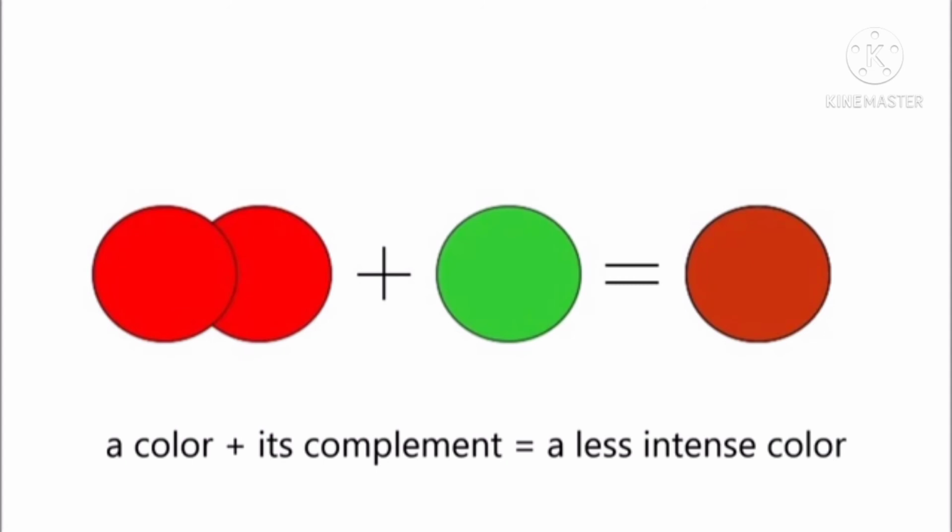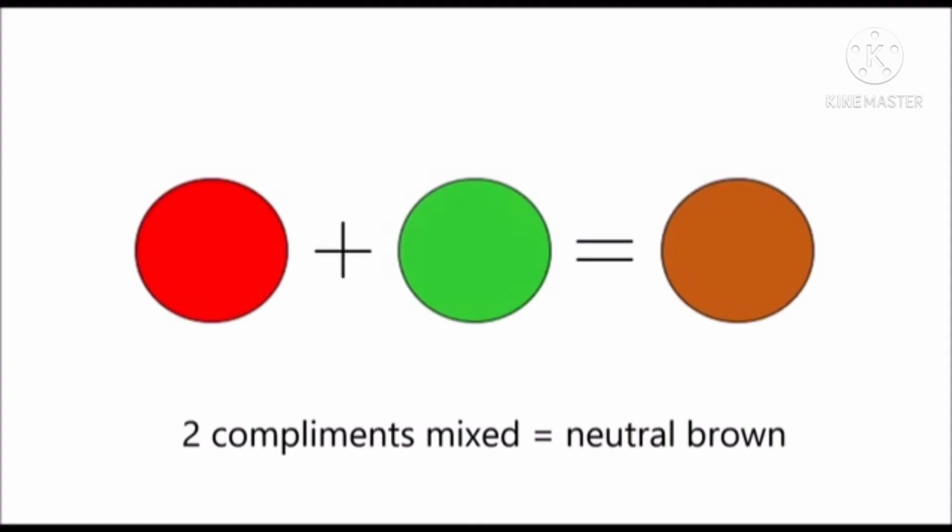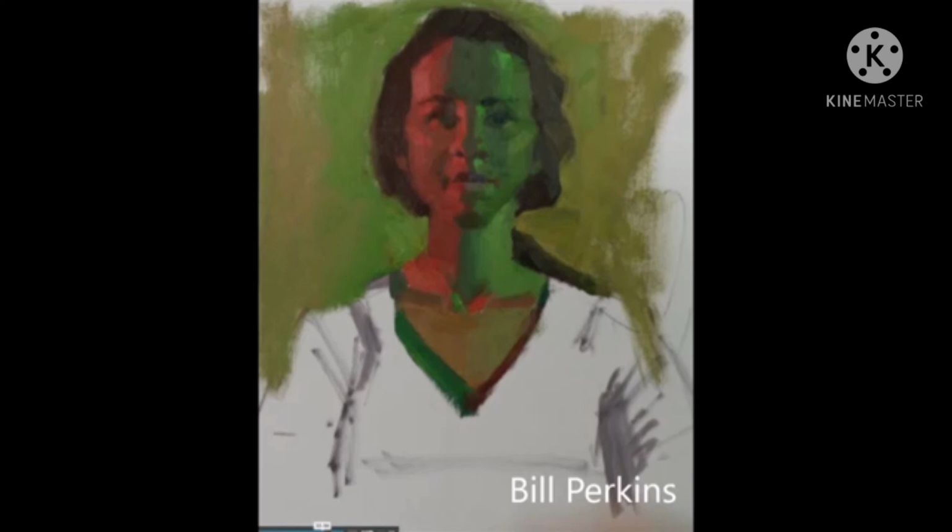You can also neutralize the brightness of a color by mixing its complement. For example, a small amount of green mixed with red will allow the red to remain its current identity, but will change the intensity or brightness of the color.